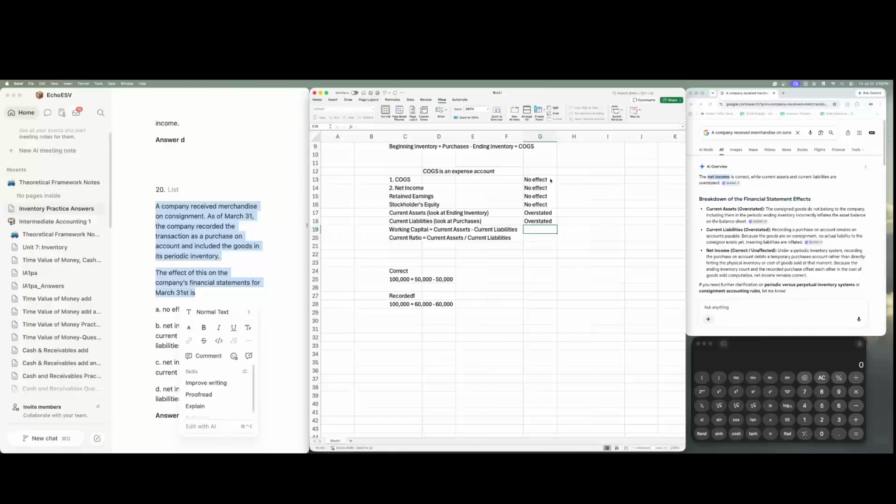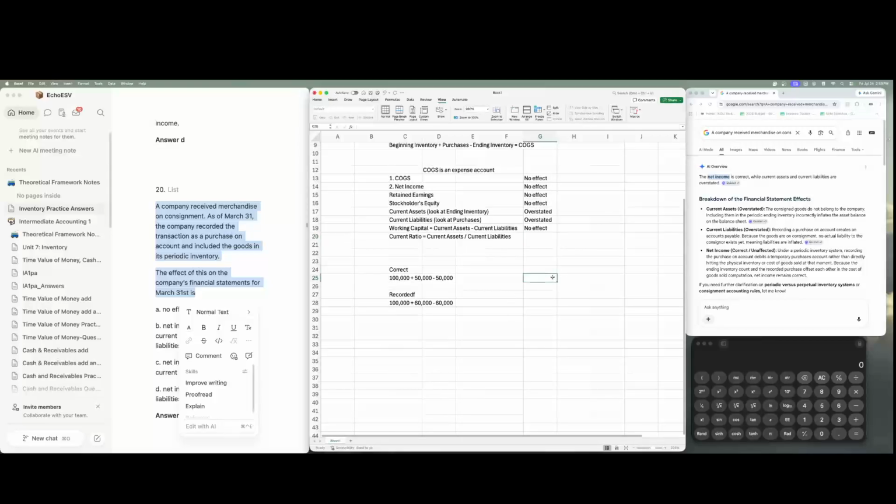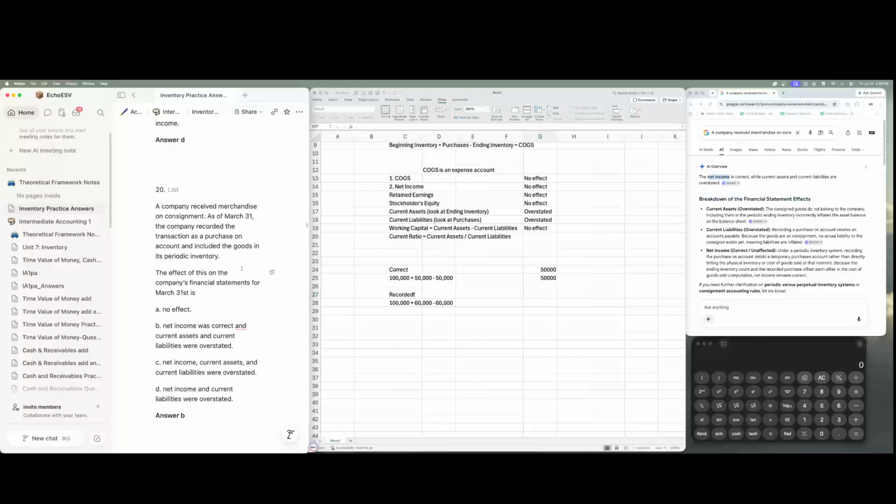The working capital is overstated for assets and liabilities by the same amount, so the working capital has no effect. I guess the ratio has no effect either. Normally it should have an effect. Sometimes it does, sometimes it doesn't, I guess.